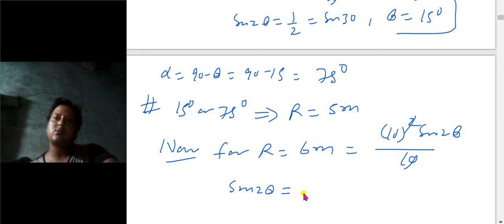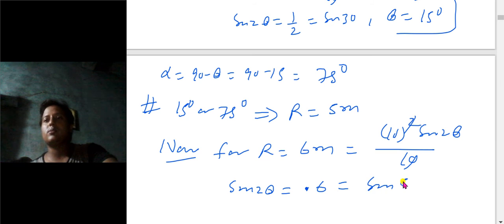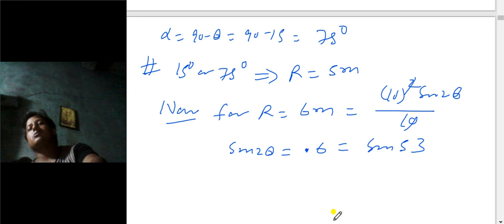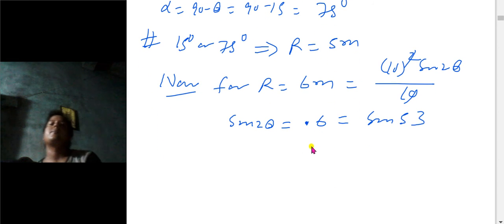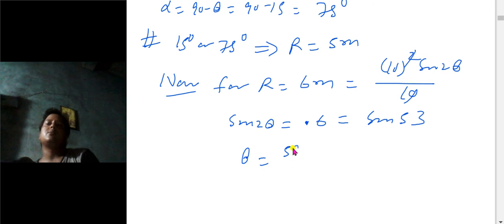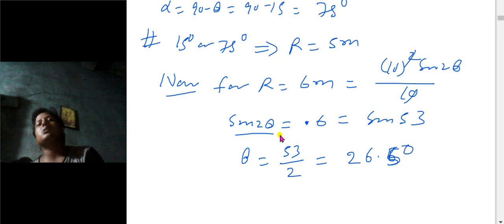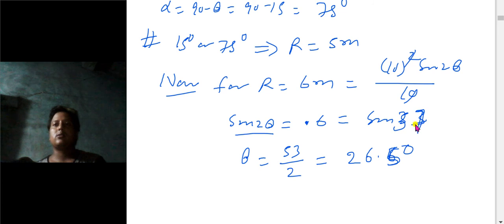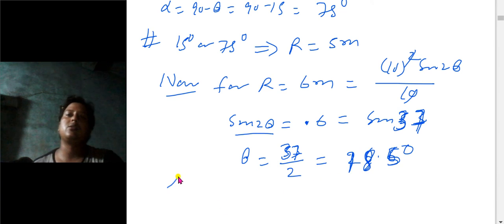So sine 2 theta equals 0.6, that equals sine 37. So 2 theta is 37, theta equals 37 divided by 2, that equals 18.5 degree. And the complementary is 90 minus 18.5, 71.5 degree.